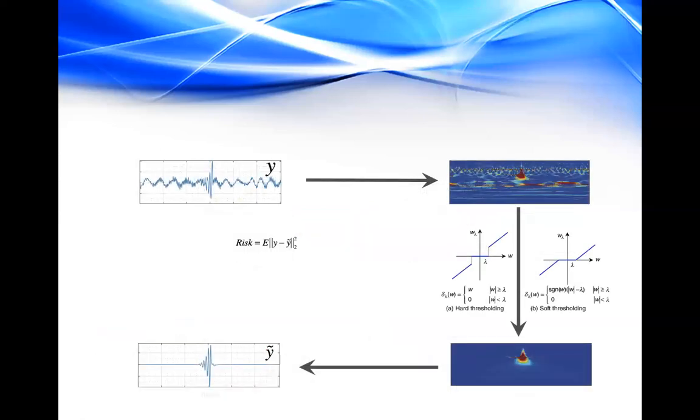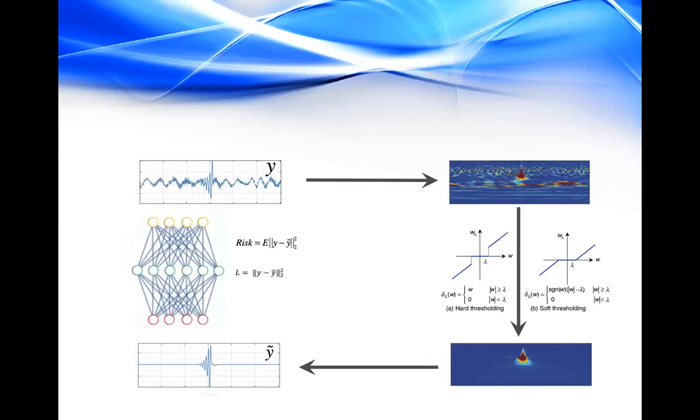So let's bring back one of those slides that I presented earlier. This was the main procedural time frequency denoising approach. We can do actually a very similar thing using neural networks. For those of you who have worked with autoencoders, this L2 norm should be very familiar.